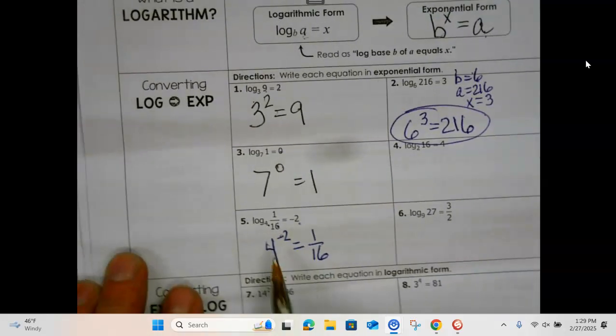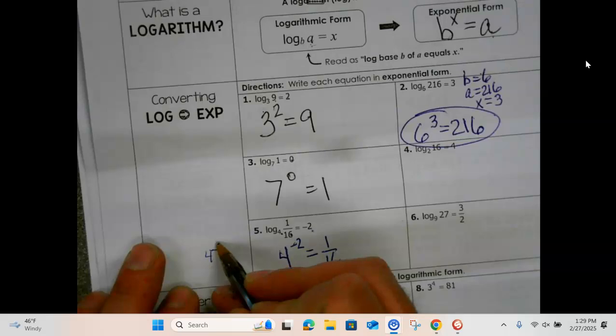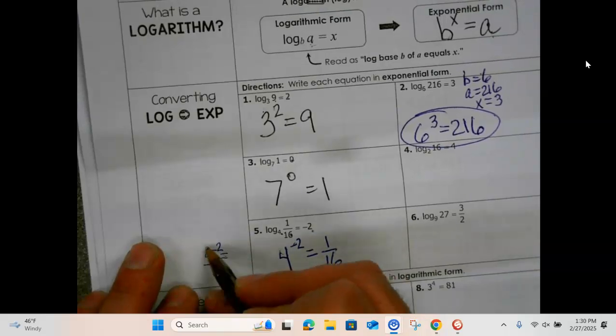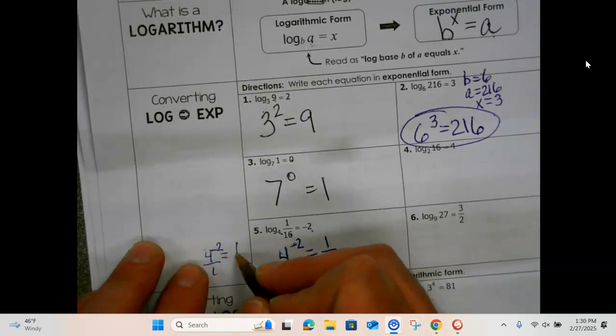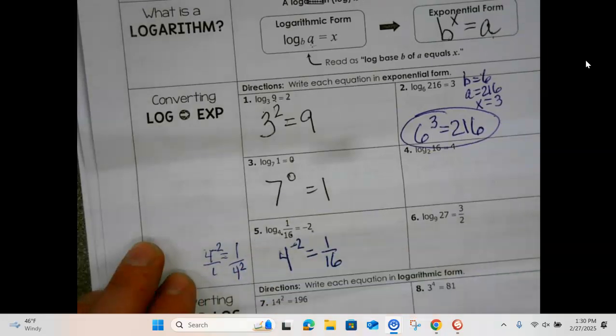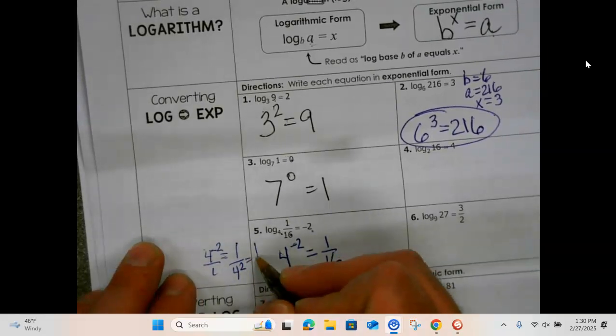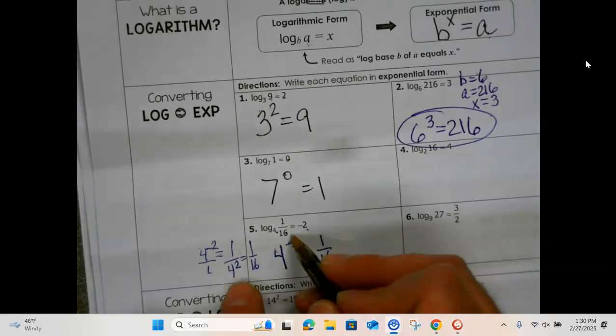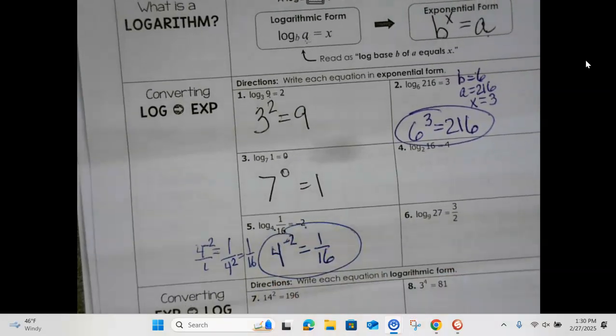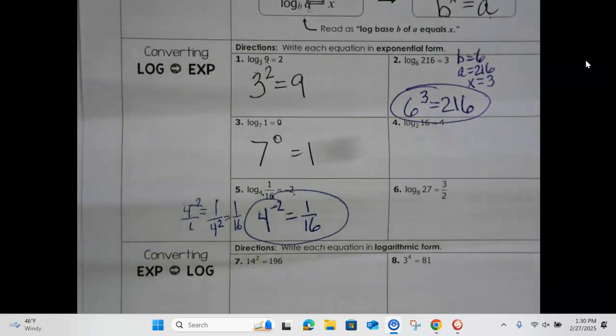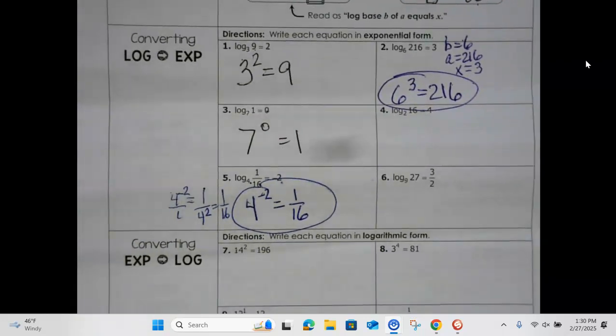Because again, remember, 4 to the negative 2nd, we're going to flip it. We don't like negative exponents. And 4 squared is 16. So that's how, again, I can check that one and know that I'm doing it correctly. Even if I look at myself with that and go, I don't know if I can know that one off the top of my head.